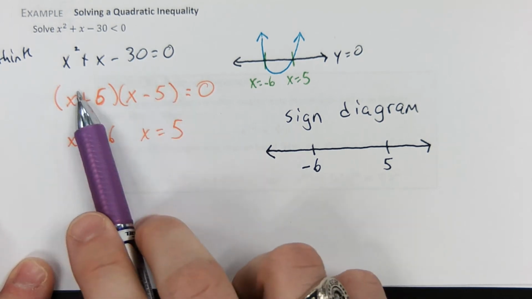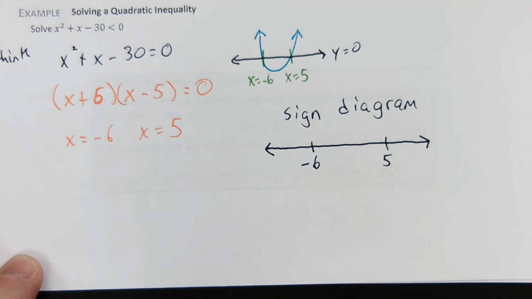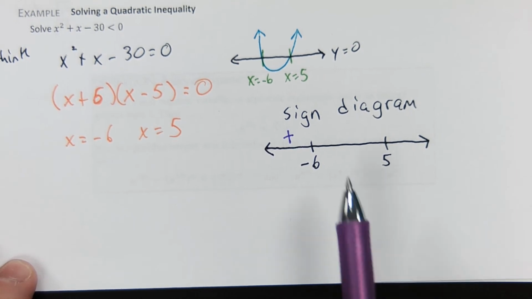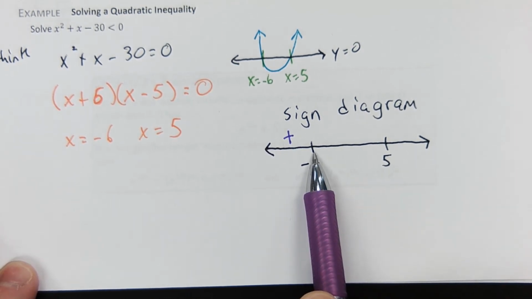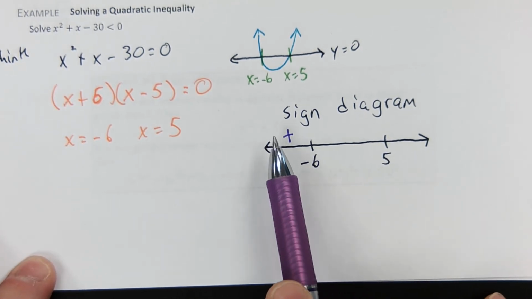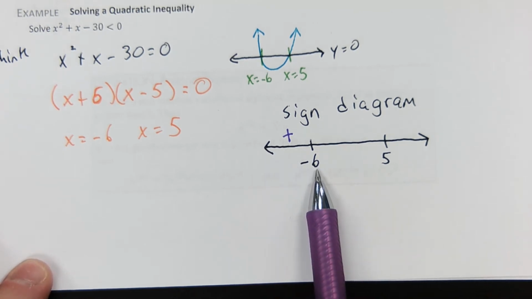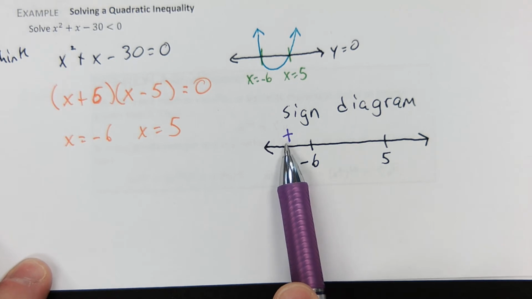So when you multiply these two negative numbers, what kind of number do you get? Positive. What that just told me is that everywhere to the left of x equals -6, my y values are all going to be positive.